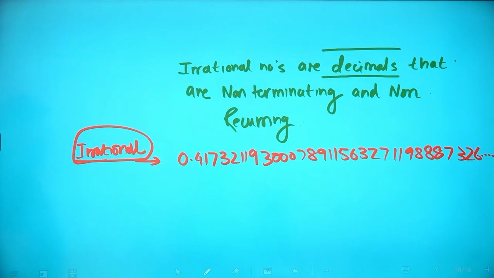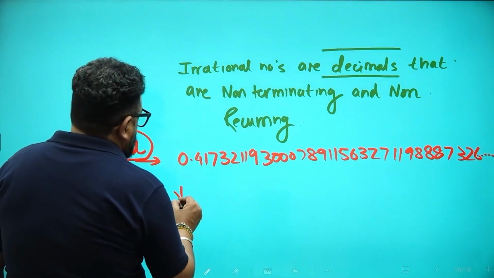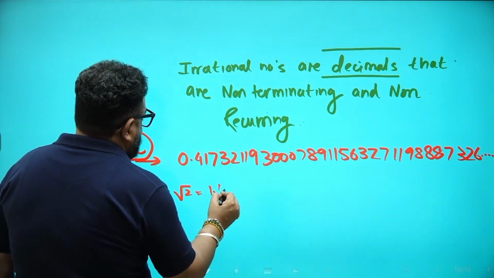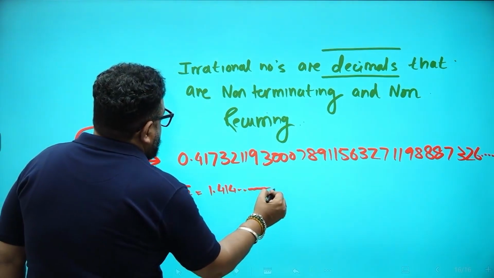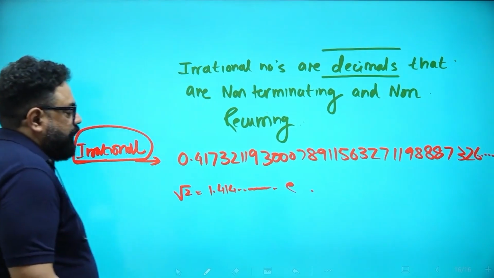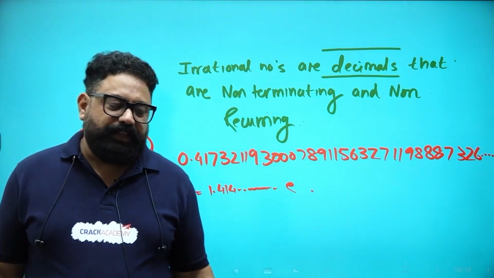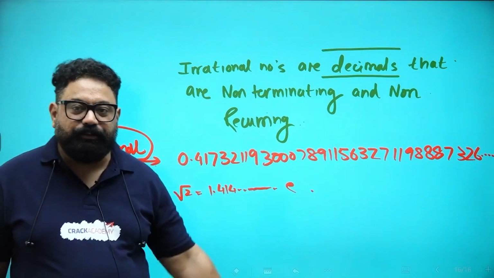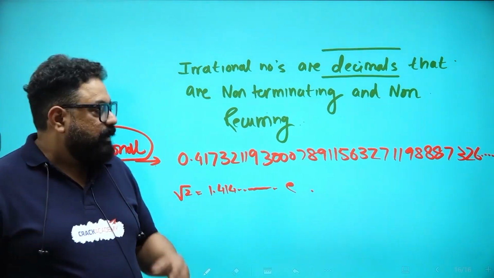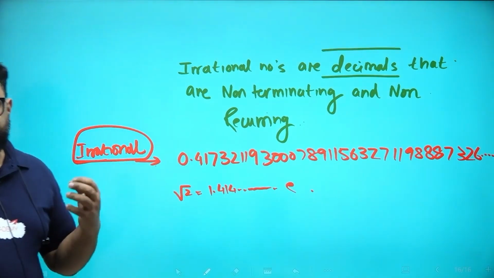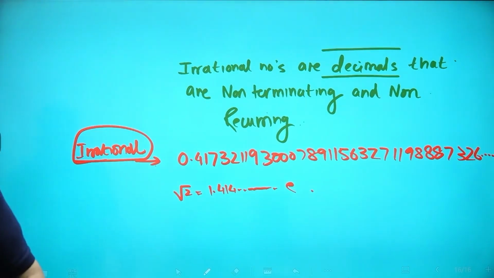If you check out the value of root of 2 in the calculator, 1.414, something like this, and there is a symbol E at the end of the calculator. Why? It goes till infinity. Is there any regular pattern of recurrence? No, sir, there is no regular pattern of recurrence. So what are the numbers which have a regular pattern of recurrence? We will talk about this as well.